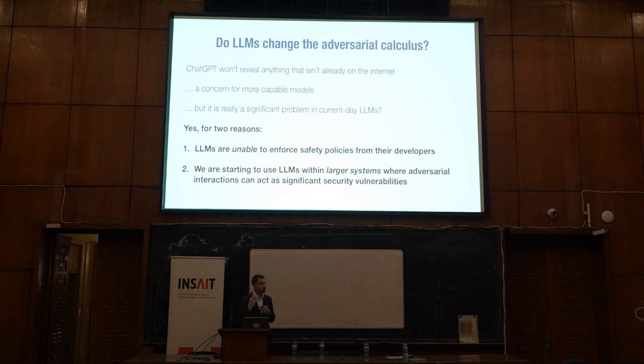However, we're starting to use large language models within much larger systems. And this causes a big problem because these flaws essentially are like security vulnerabilities in our software stacks. They're ones that we don't really know yet how to fix, and they're going to cause major problems going forward.